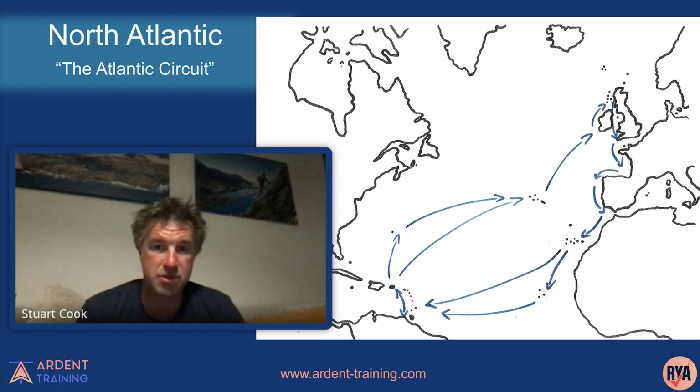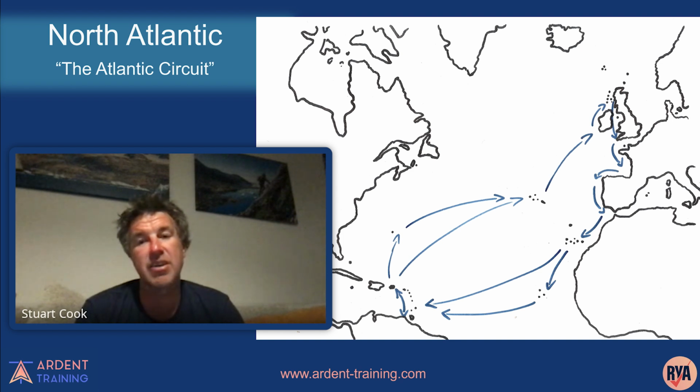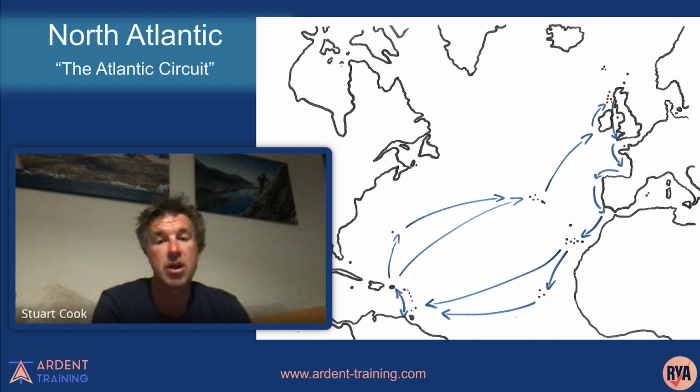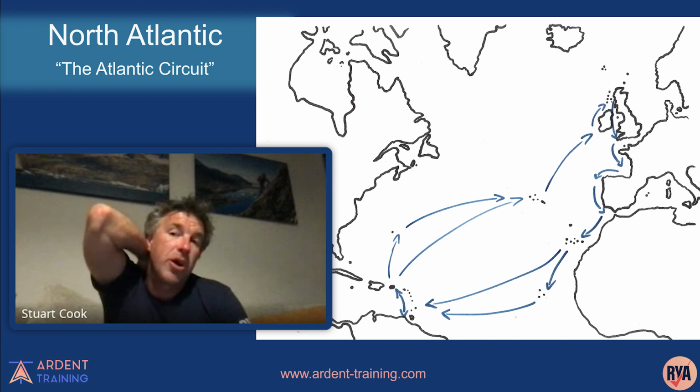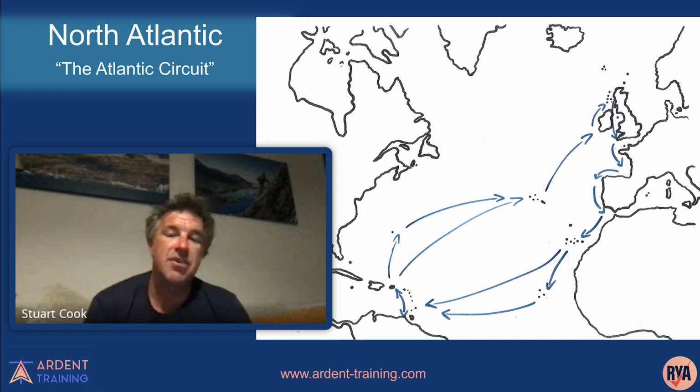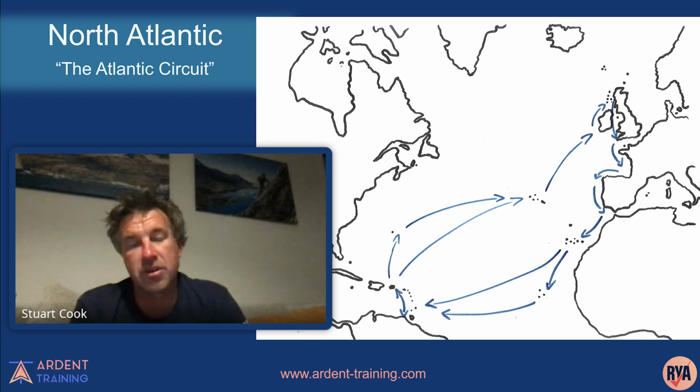Just for the purpose of this, I'm just going to tell you that the North Atlantic hurricanes occur between May and November, or June and November. And so that kind of means that we don't want to travel westwards in the North Atlantic into those lower latitudes during that time. I thought about putting them into this live session, but I figured I'm not going to fit it all in.